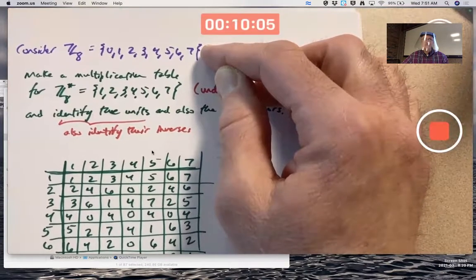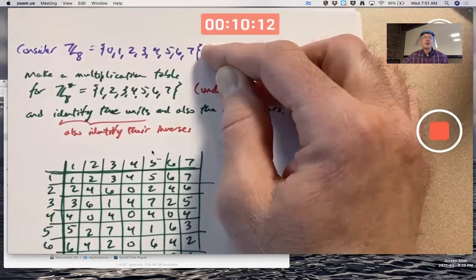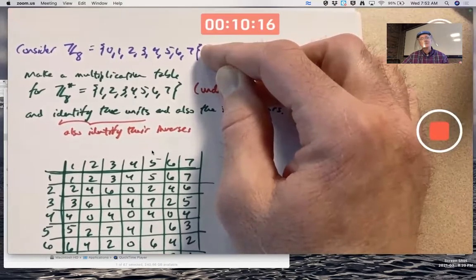If nothing else, 0 messes things up because 0 doesn't have a multiplicative inverse, no matter what ring you're talking about. Though if it is a field, what can we say about the non-zero elements? What's the definition of a field as far as the non-zero elements go? They are all what?